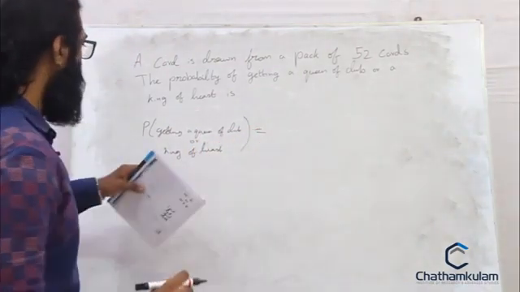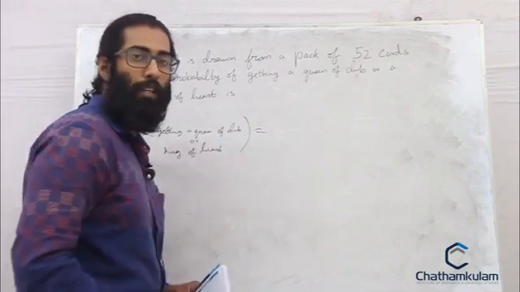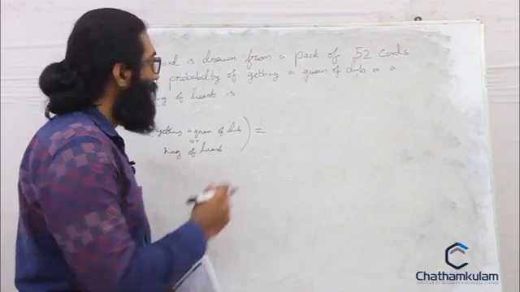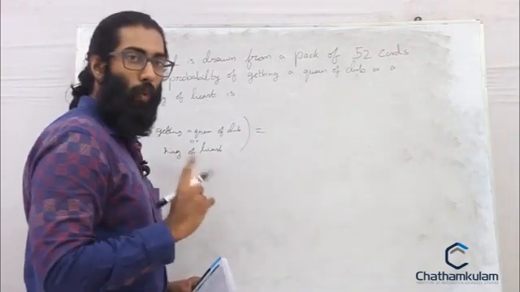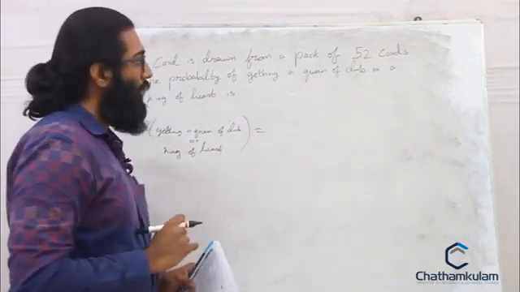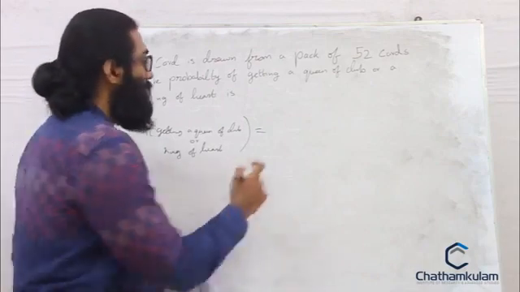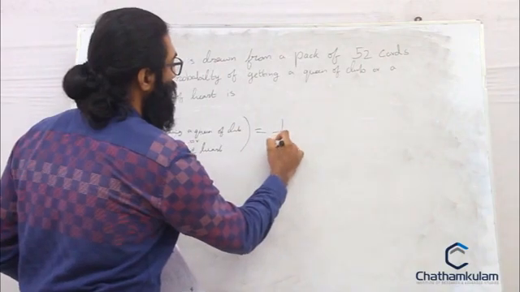So what is the probability of getting a queen of club here? The number of queen of club in a 52 card pack is 1 and the total number of cards is 52. So getting a queen of club is 1 by 52, right?